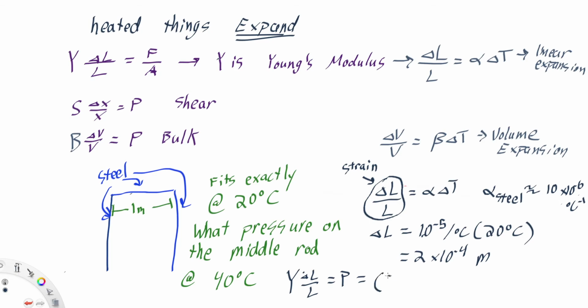So our Young's modulus is 200 times 10 to the 9. And the fractional change in length here is 2 times 10 to the minus 4. Remember our original length was 1, so it's 2 times 10 to the minus 4 over 1. Put these together, and we get 4 times 10 to the 7.